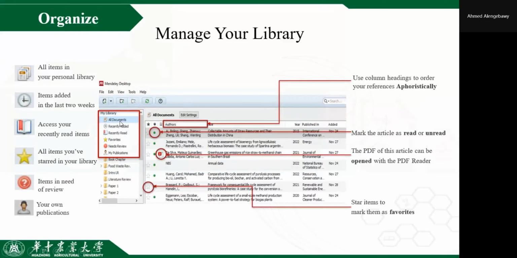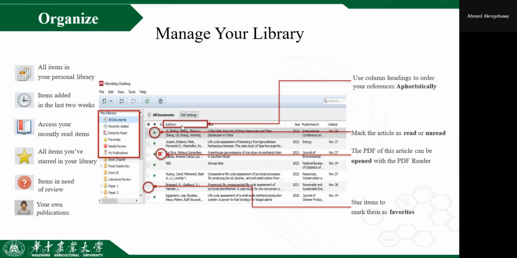All Documents shows all documents in your software, and if you just added something recently, you can find it here in Recently Added and Recently Read. Also, you can star your favorite articles, and you can find them in Favorites. And also, some newly added articles need review, so you can make sure all the information is correct. We will also show it later.